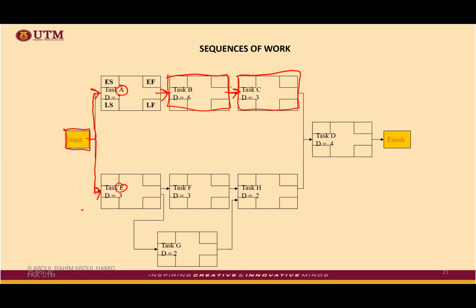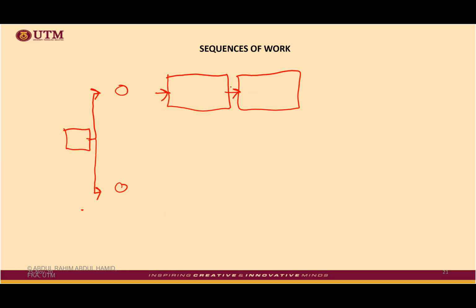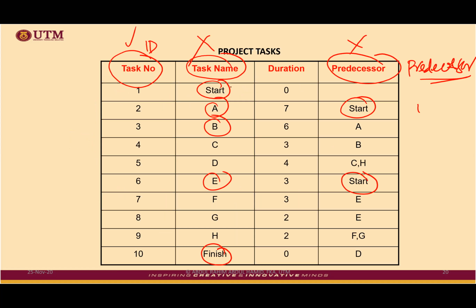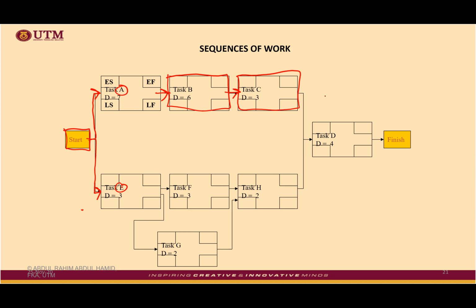Now you have completed A, B, C. How about D? D is from C and H. You know C is here. You can draw D up here because you never know how to connect. Since we already have those, you draw D and then connect one line here.